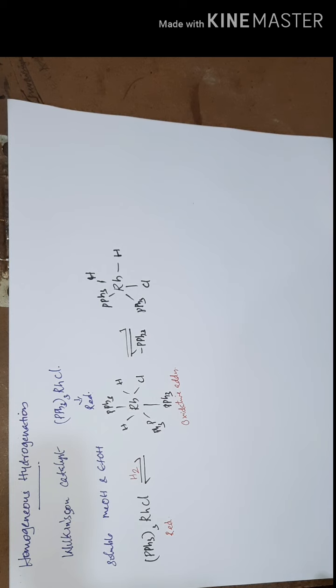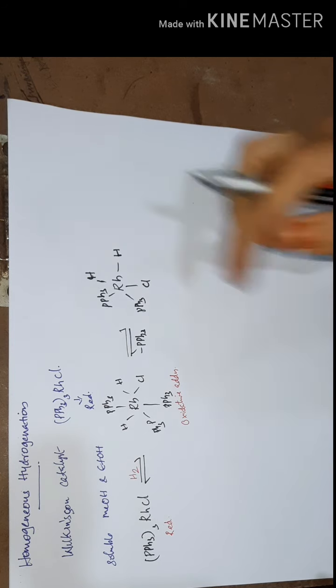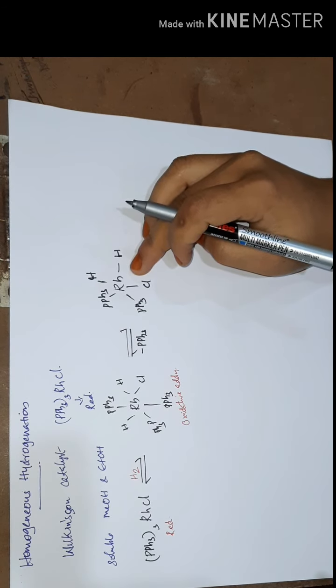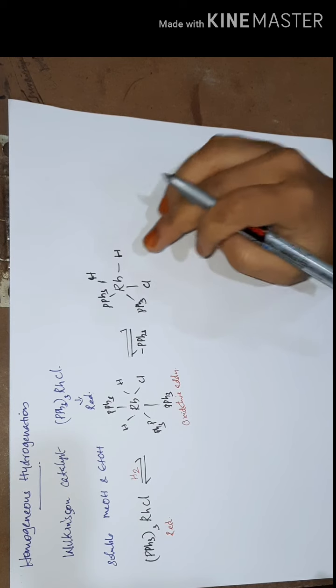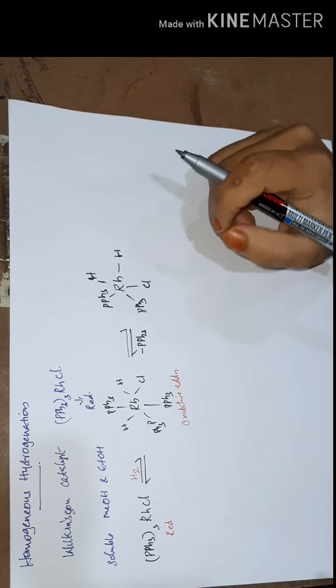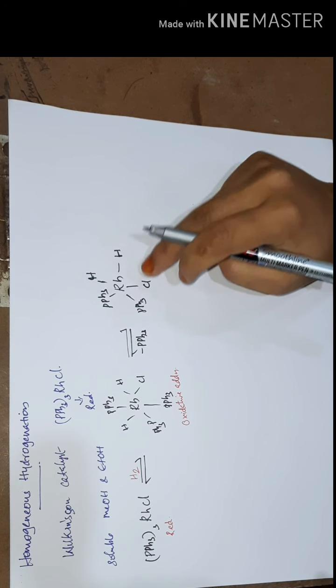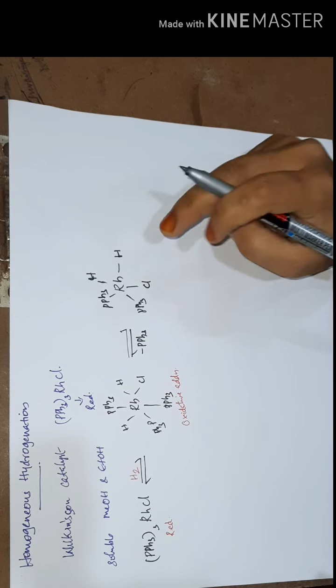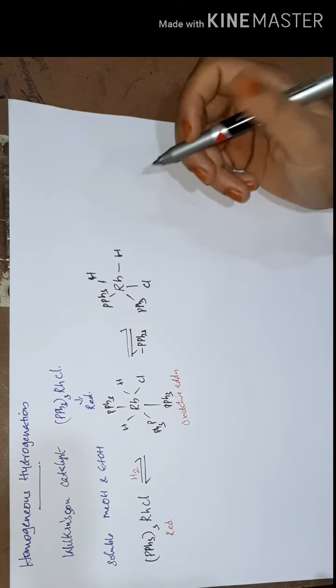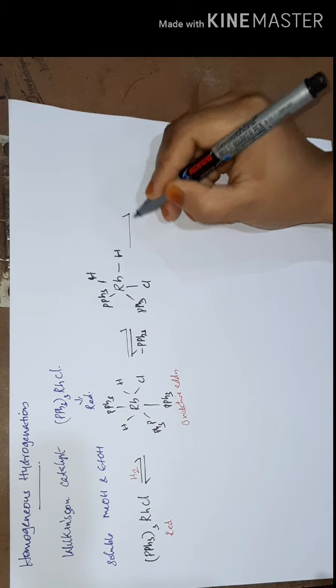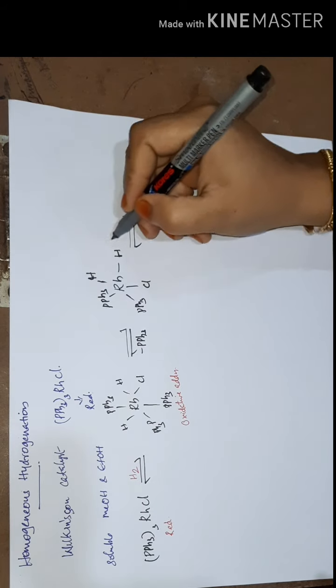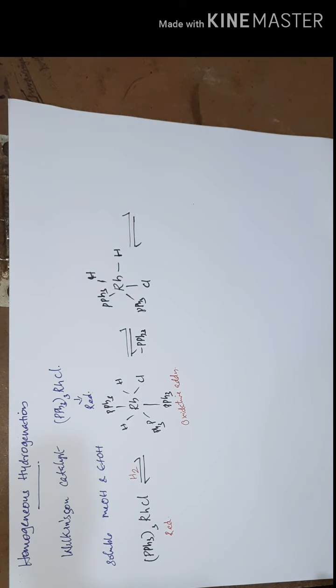Okay. After the dissociation of this triphenylphosphine, there is a vacant site on the metal to attack our alkene molecule. So, our alkene, the unsaturated hydrocarbon, is coordinatively added to this complex in this stage.